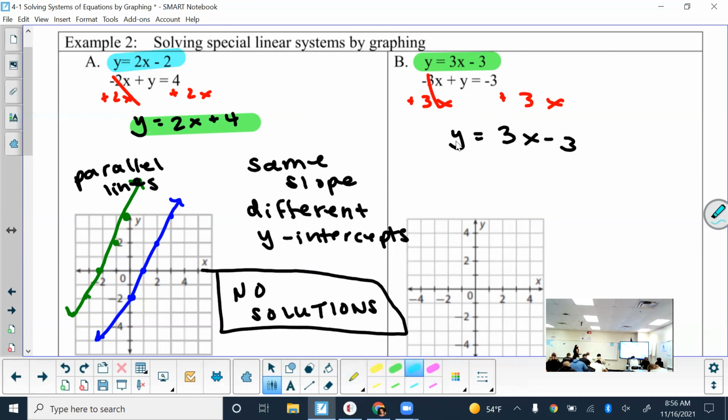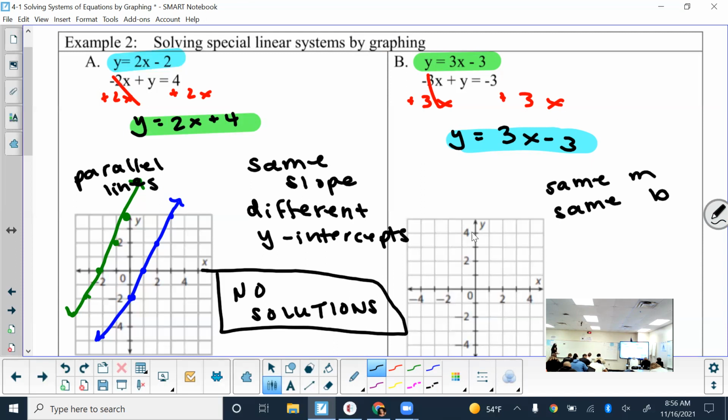But what are we realizing before we even graph it? They're exactly the same. They have the same slope, which I'll just put as m. They have the same y-intercept, which I'll just put as b. So they are the same line.